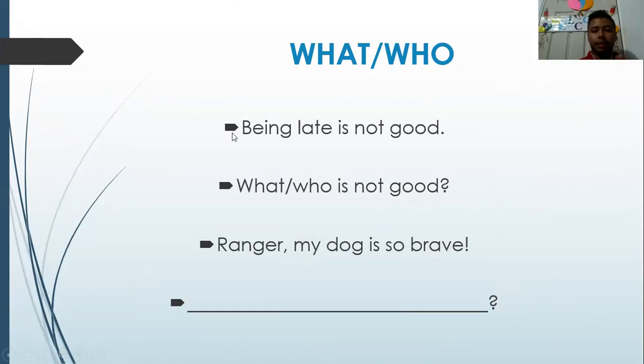Help me, Esther, please. Read number one. Can you hear me? Yes. Thank you. Being late is not good. Okay. So here, select. You need to select what or who about this.